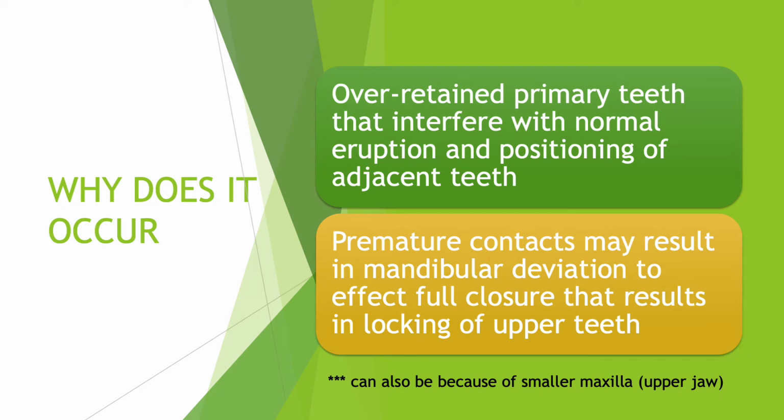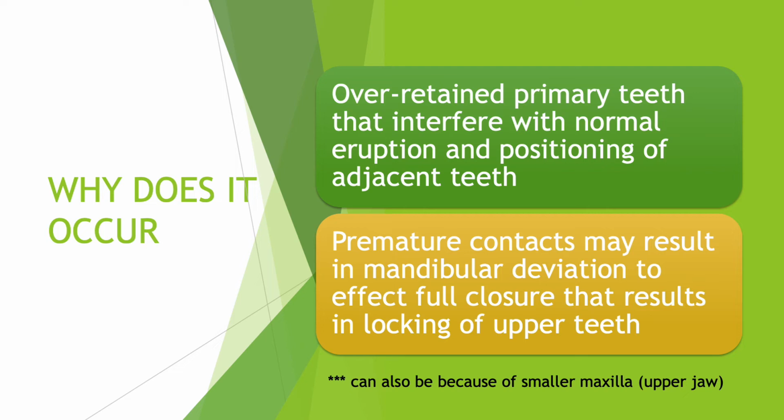To avoid that interference, the child places the lower jaw in such a way that the lower teeth are ahead of the upper teeth. So in that situation also, something like a crossbite arises, but that is not a real crossbite.